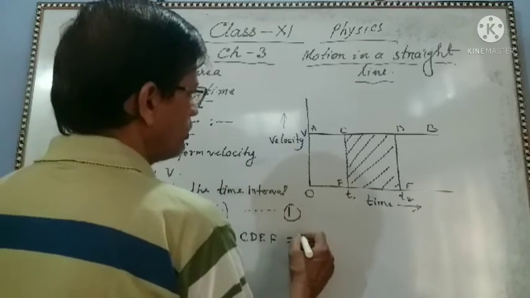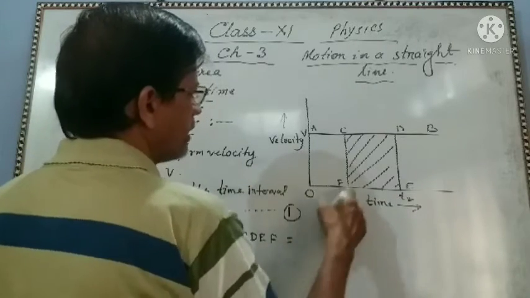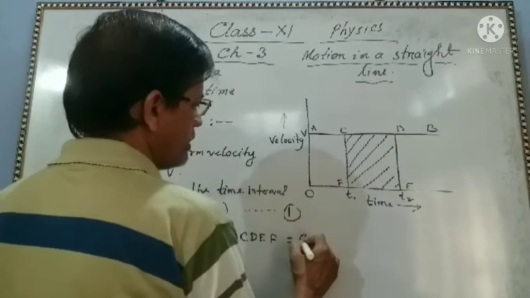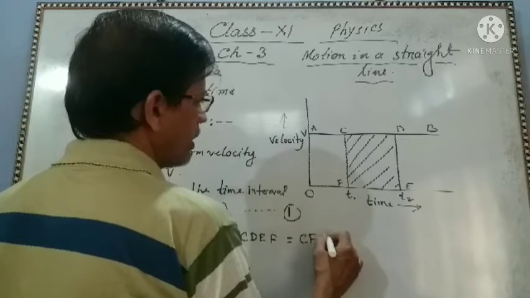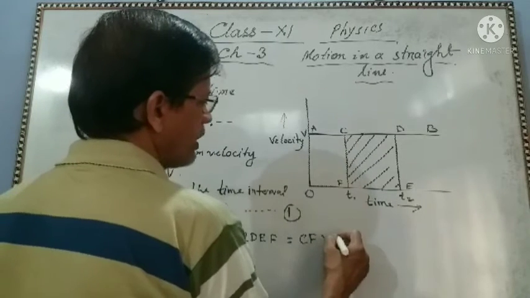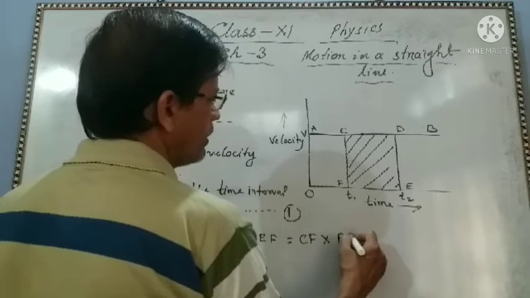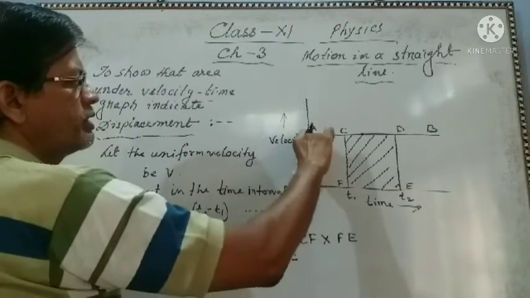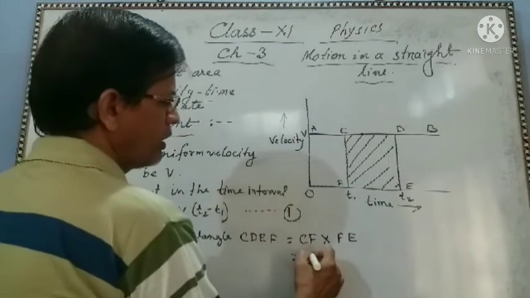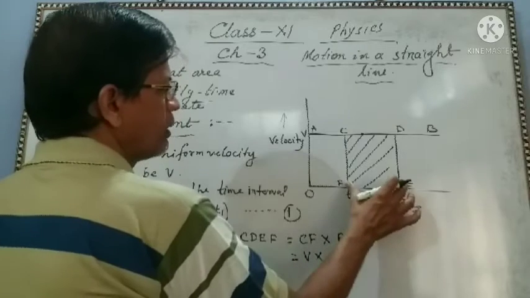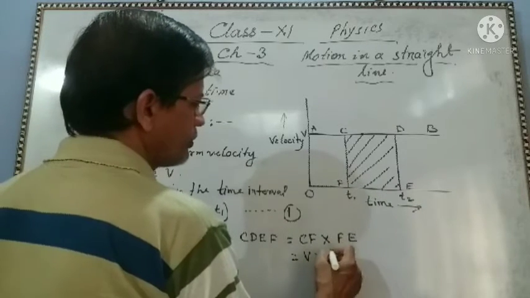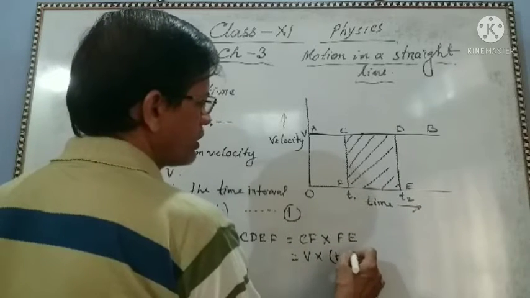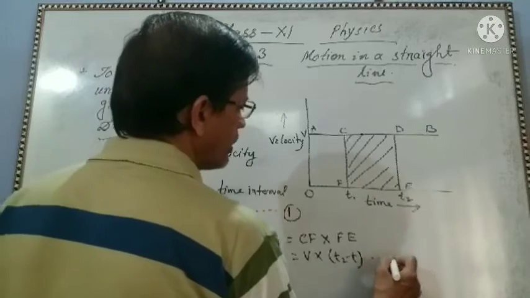So equal to CF into FE. What is CF? CF is V. And what is EF? EF equals t2 minus t1. Equation 2.